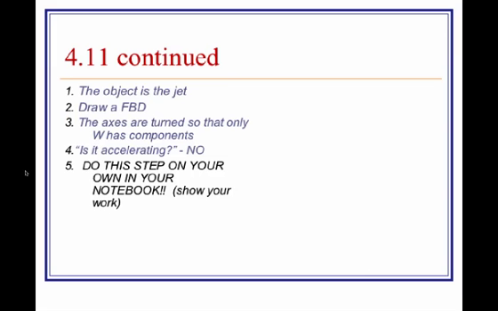Following our steps for this problem, the object is the jet. That's pretty straightforward. Now you need to draw a free body diagram. It may actually be helpful to first orient your axes before you do that drawing.